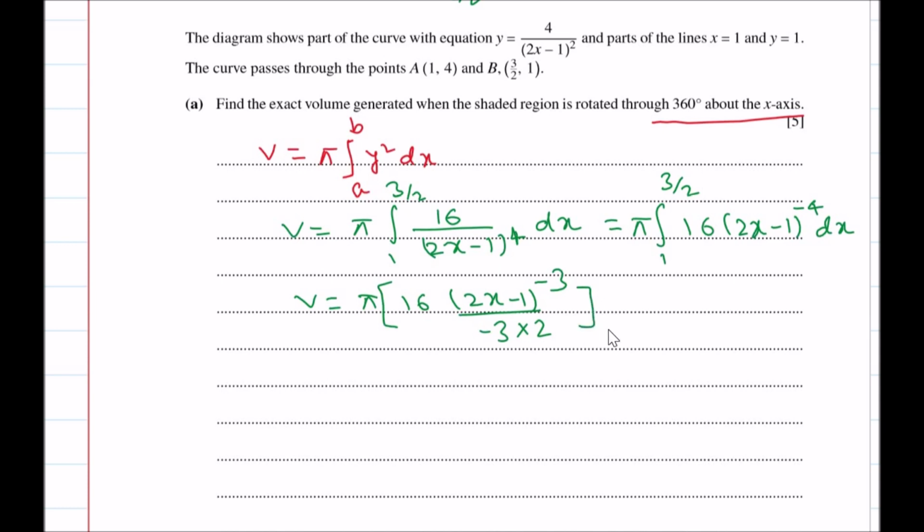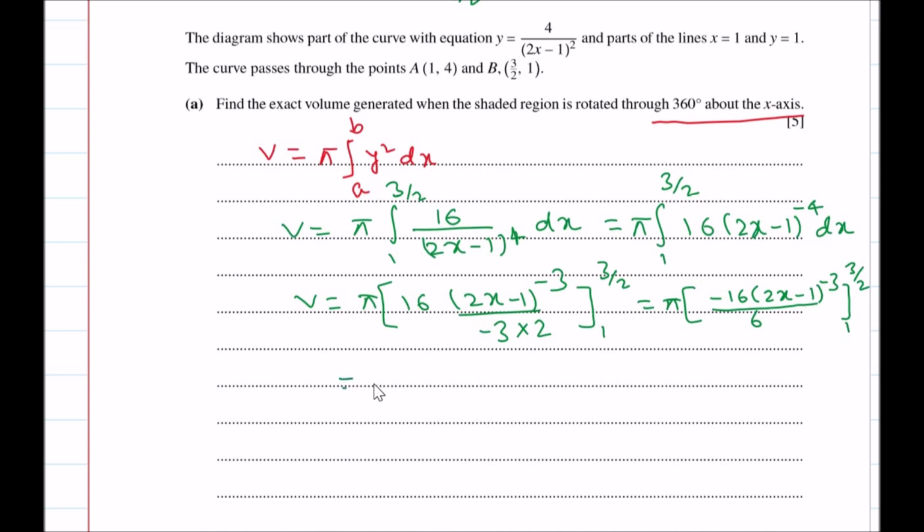Now limits we need to write, 1 to 3 by 2. So we get pi times minus sign you take up, so minus 16 into 2x minus 1 to the power minus 3 divided by 6, with limits 1 to 3 by 2.